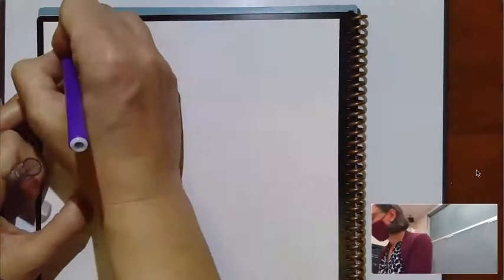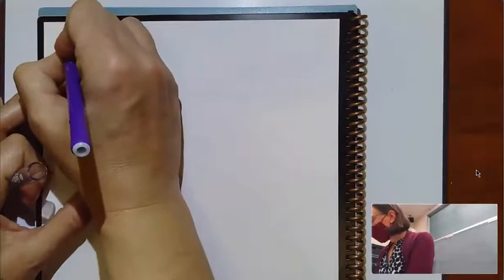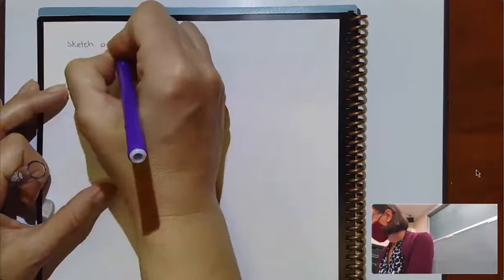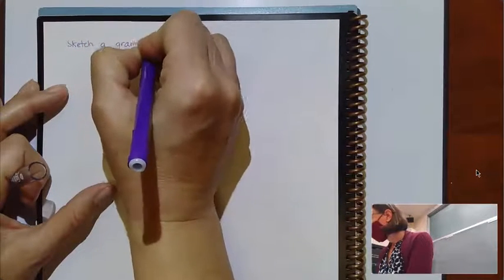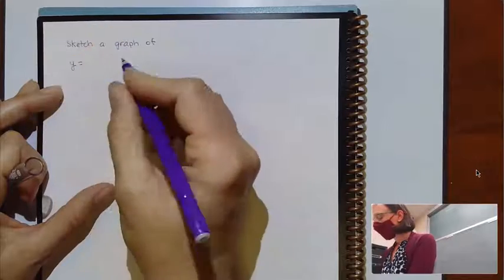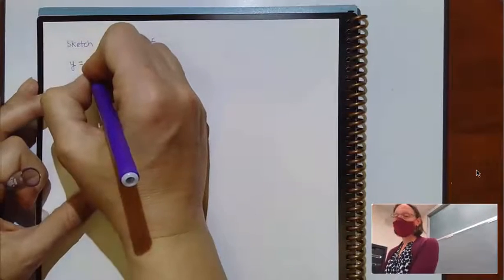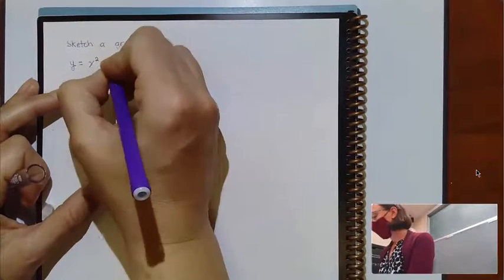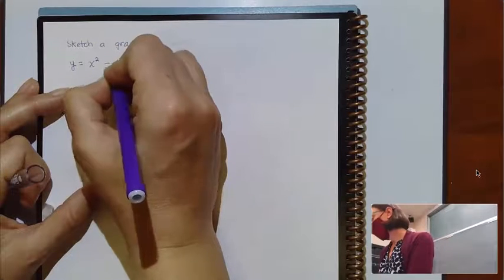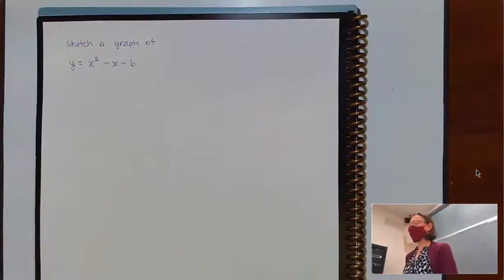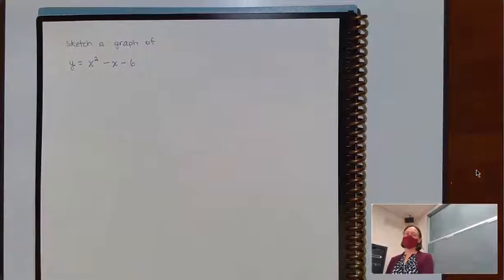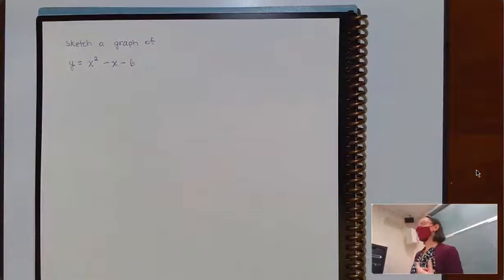Sometimes, actually, I'm going to argue most of the time, when you're given the equation of a parabola to sketch, it is not already in vertex form. So if I have y equals x squared minus x minus 6, and this is what I needed to graph, I have two options.